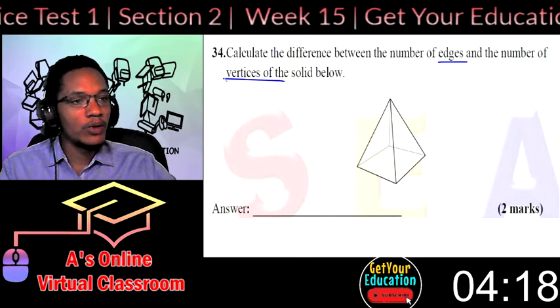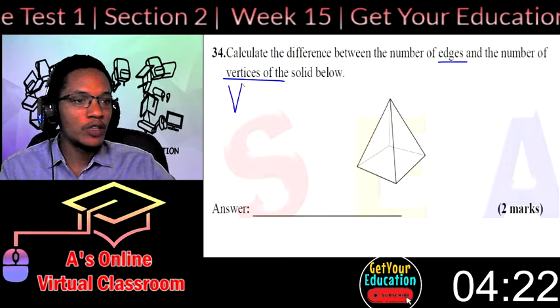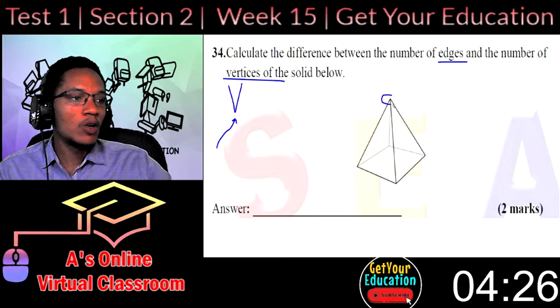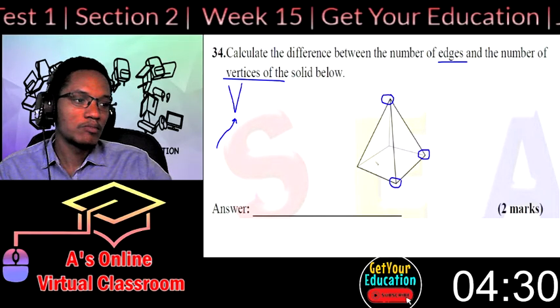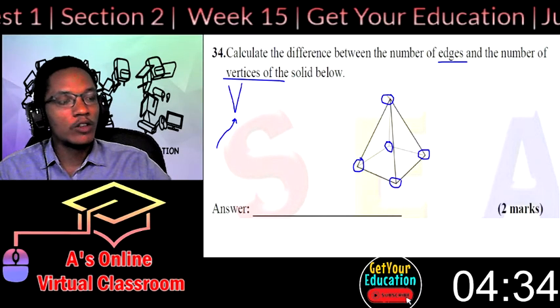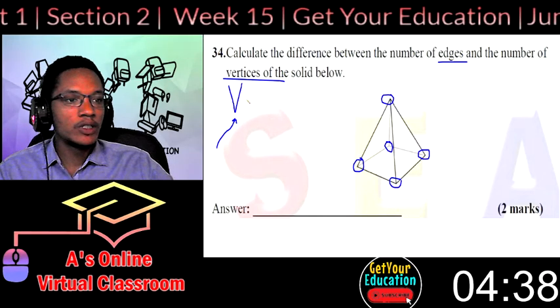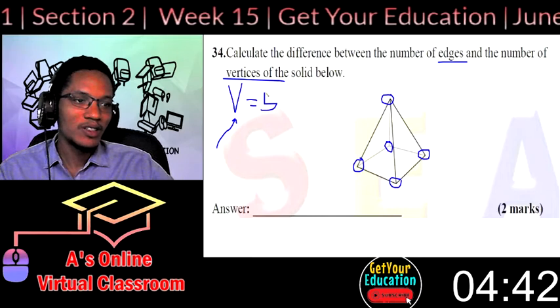One way I remember it is vertices. When you look at the V, it has this pointy part here. So vertices are all the pointy parts. So this has 1 on top and then 4 on the bottom. So vertices equals 5.